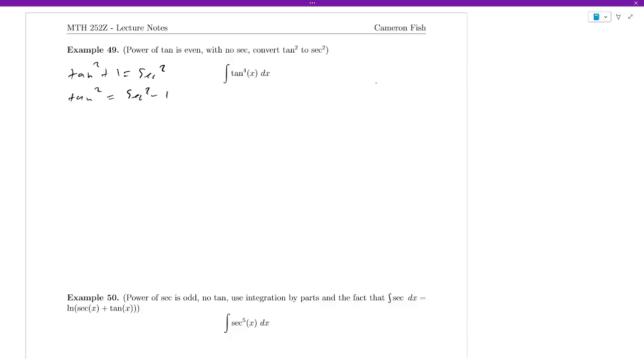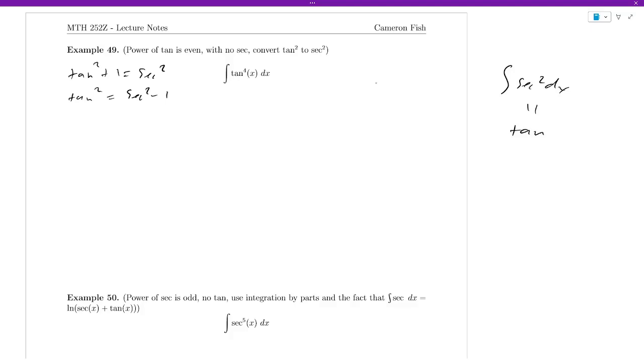So it turns out here, it's actually not too bad. It turns out to be easiest to turn stuff into secants, for the basic reason that I actually know the antiderivative of secant squared. It's tangent, because we recalled on the earlier page that tangent's derivative is secant squared.